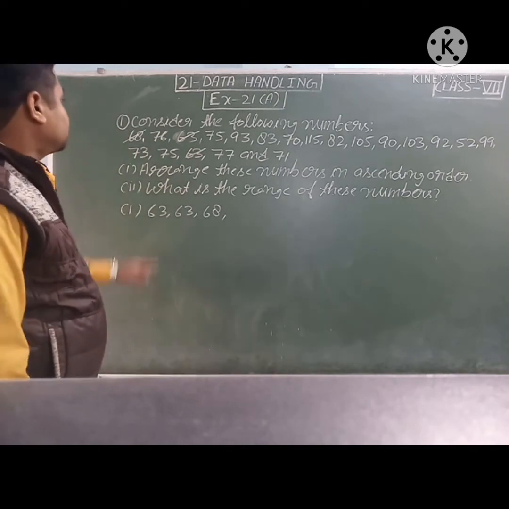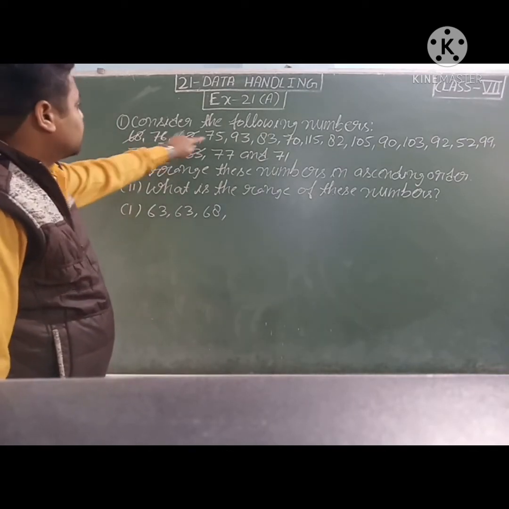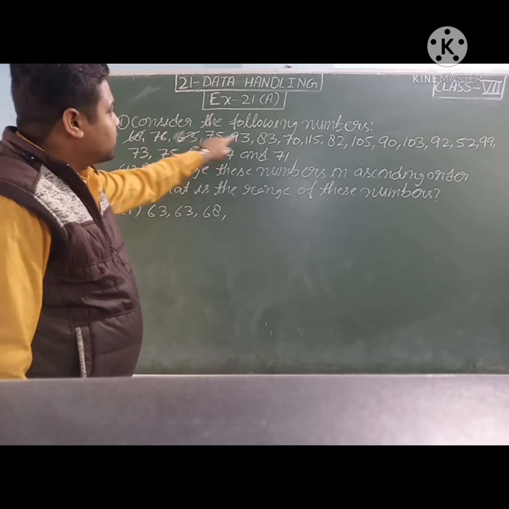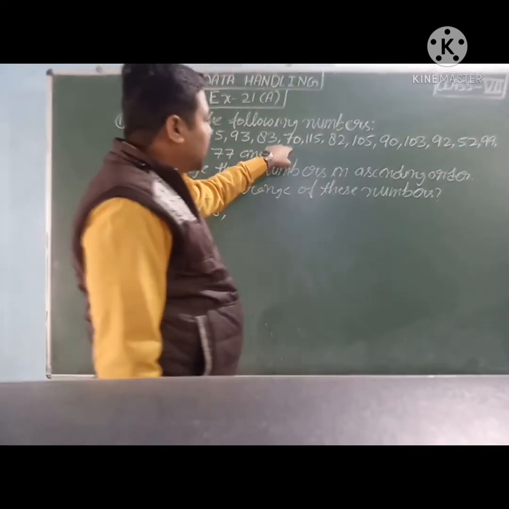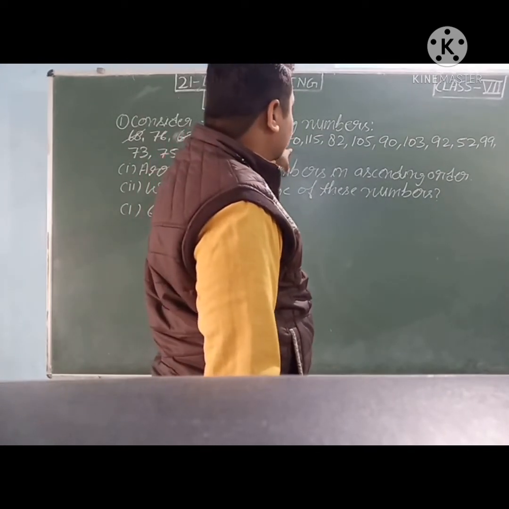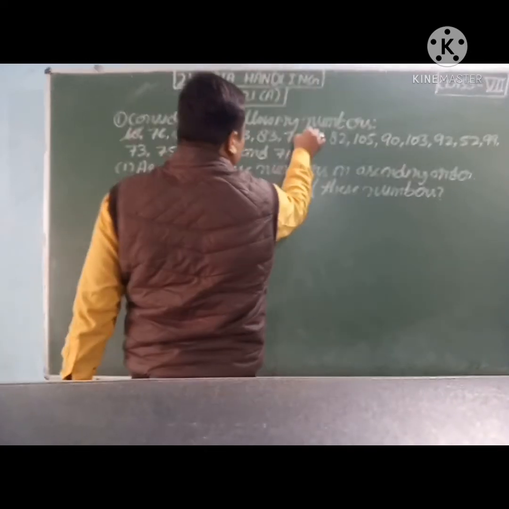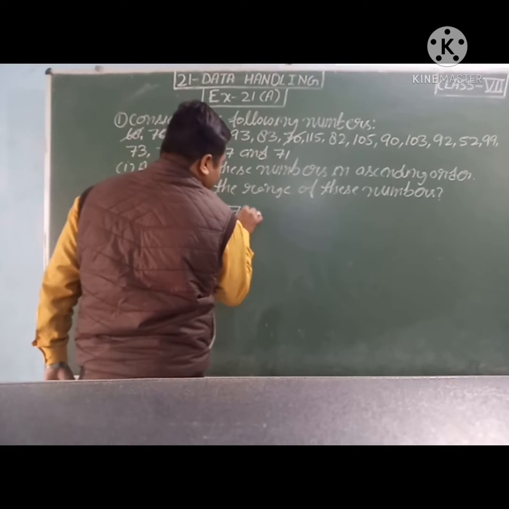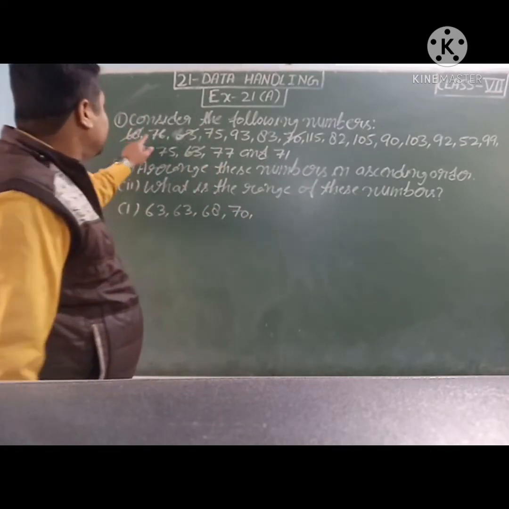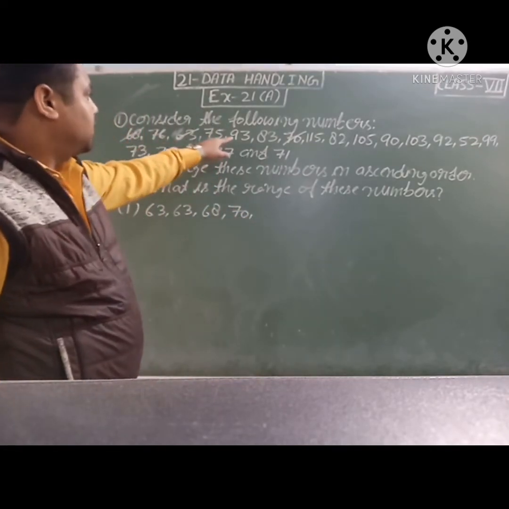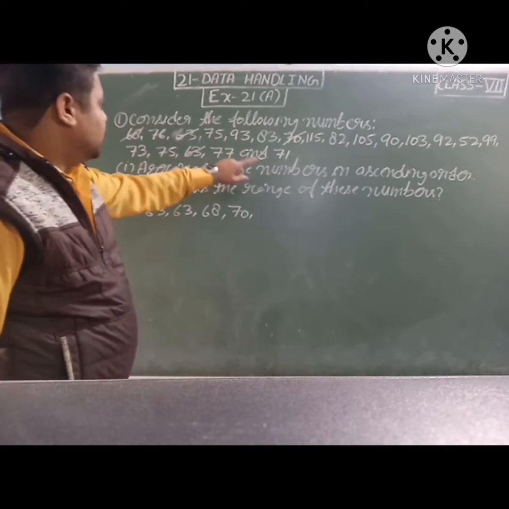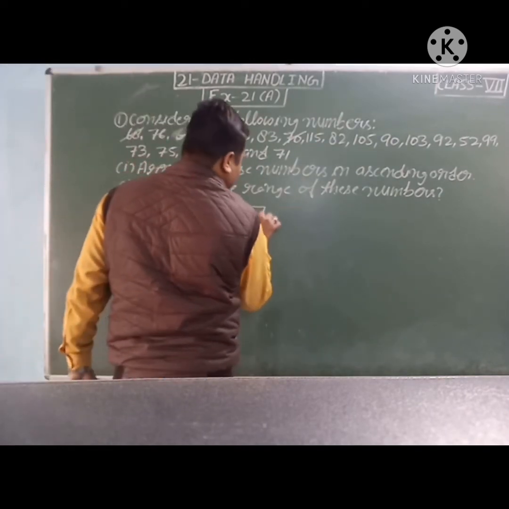Just greater than 68, 76, 75, 70. Any other number less than 70? No. So we will write 70. Then after 70, yes, 71.